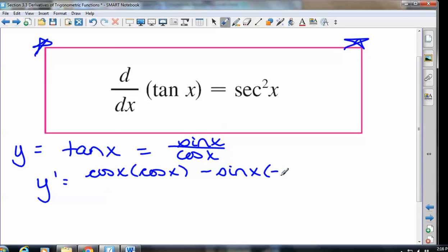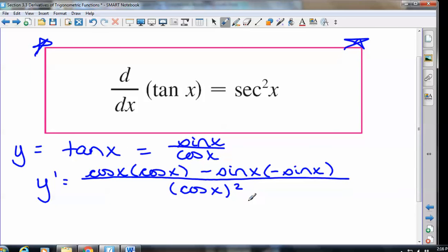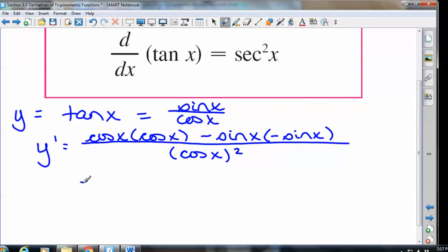Minus high, so my sine x. D low, what's the derivative of cosine? Over the bottom squared. You guys following there? Cosine times cosine, negative sine times negative sine, it's a positive sine squared over cosine squared.